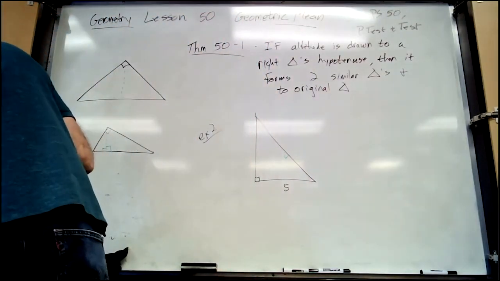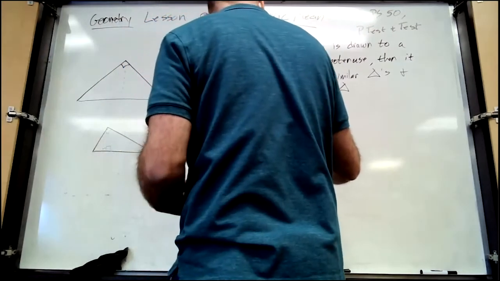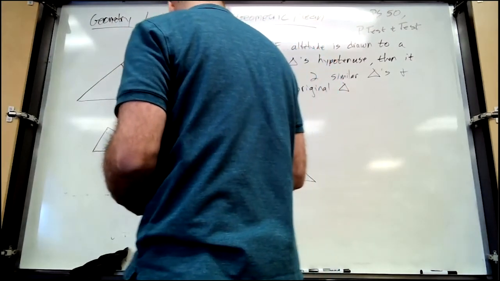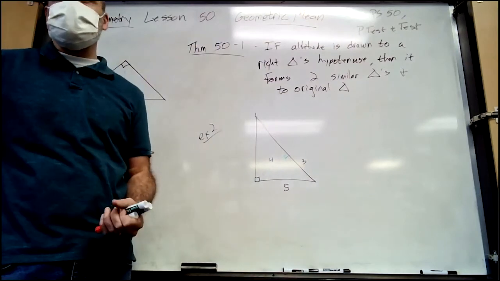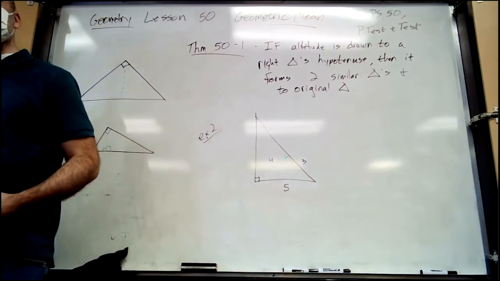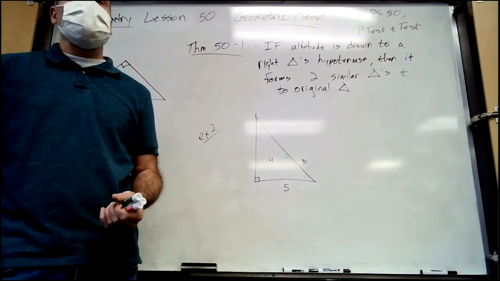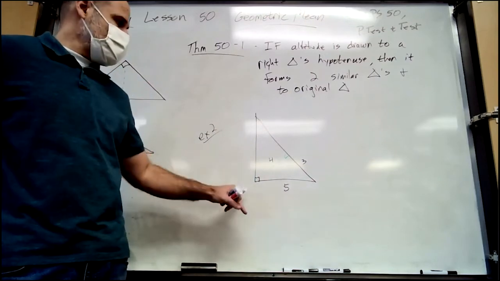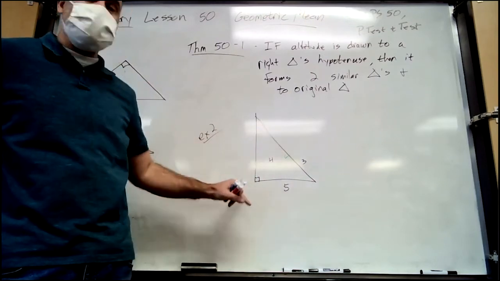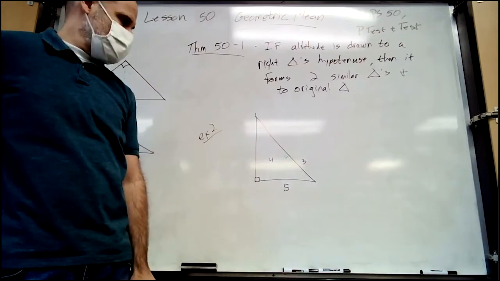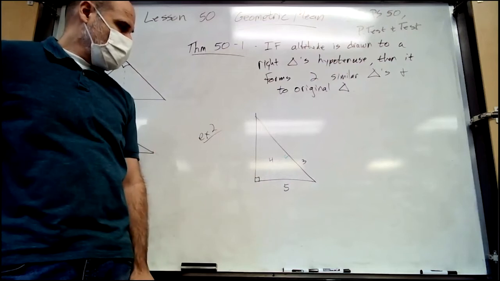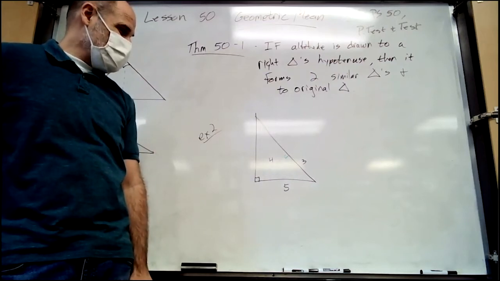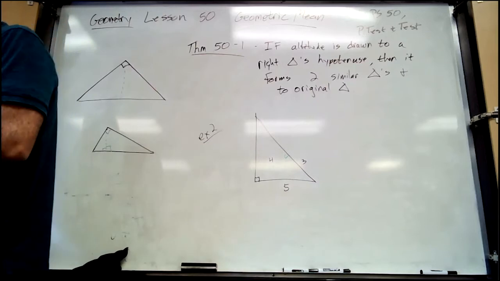And then I'm going to give you these lengths. Let's say this is a 3, 4, 5 triangle. If I'm given these lengths, that means I can find the dimensions of everything else. I can find this and I can find this. Since this is a 3, 4, 5 triangle, I could use that if I wanted to, but I'm going to set up some proportions.